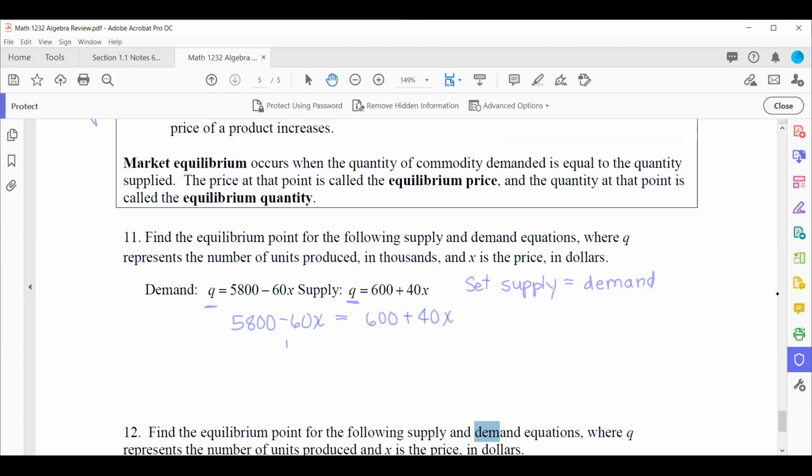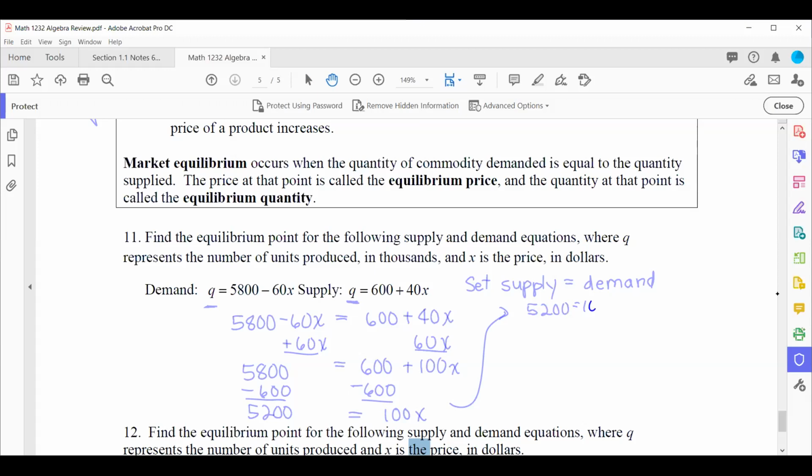Now what I would do, I like to keep my variable term positive, so I would probably add the 60x to both sides to keep the variable positive. Then I would subtract 600 from both sides and then divide both sides by 100. Divide both sides by 100 gives me x equals 52.